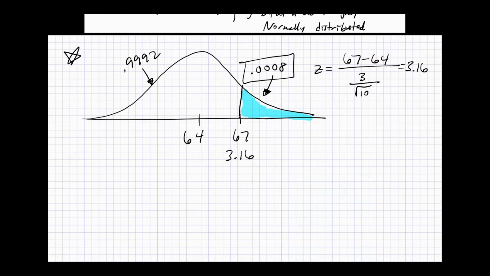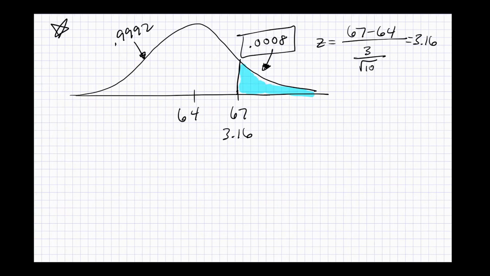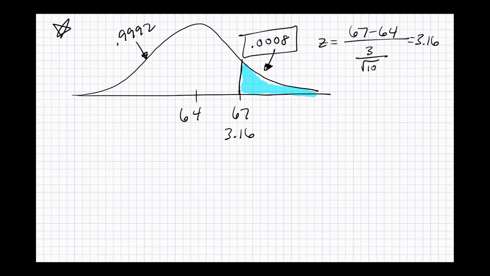Okay? So you can leave it as a probability decimal, or you can change it to a percent. Does the number have to be in it, or could you just say that it's less than 1%? There you go.